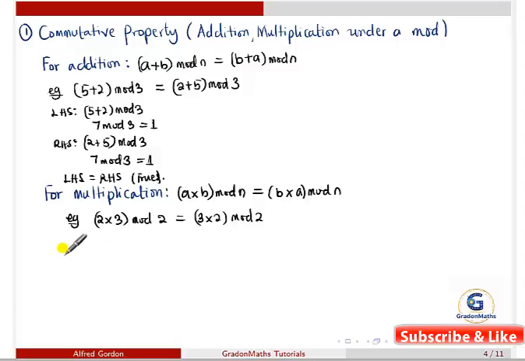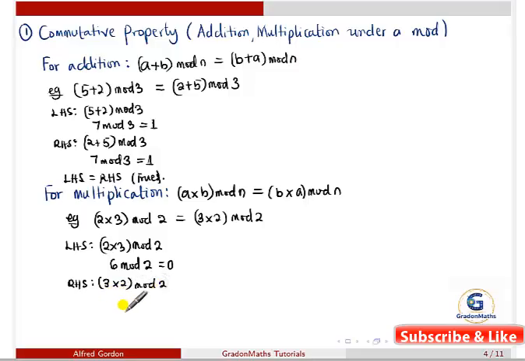So we can confirm this by trying the left hand side. Okay, so from the left hand side, we have 2 times 3 mod 2. Now what is 2 times 3? 6 mod 2, and 6 mod 2 will give us a 0. Likewise, from the right hand side, we have 3 times 2 mod 2.